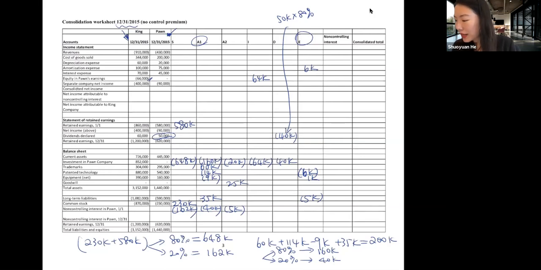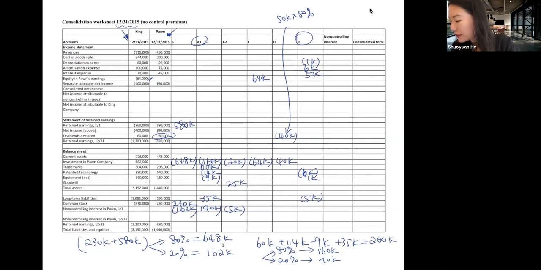Equipment is a tangible, so that is depreciation expense. And then long-term liability, that is a liability, so that is actually viewed as interest expense. So those are the three assets and liability that have a difference in fair and book value.